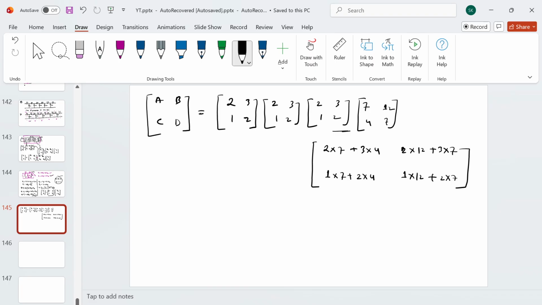So 2 into 7 plus 3 into 4, you will get 26. 2 into 12 plus 3 into 7, 45. 1 into 7 plus 2 into 4, 15.